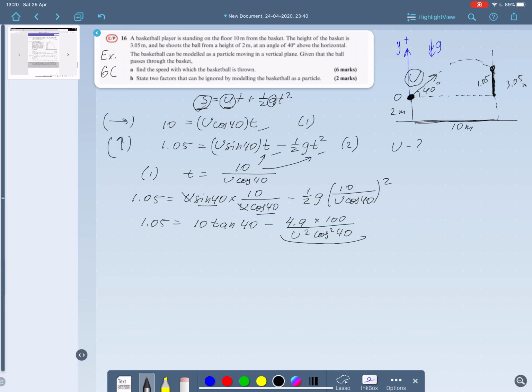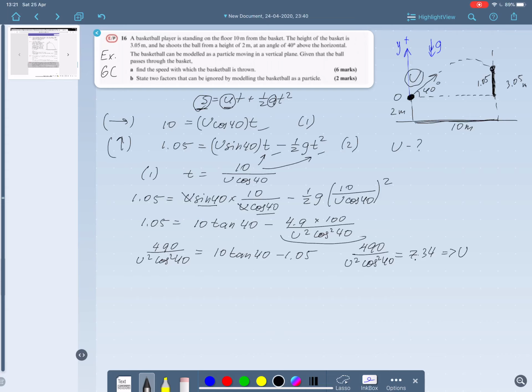Let's take this term over on the left hand side to make it positive. So it's 490 over u squared cos squared 40 equals tan 40 minus 1.05, which gives us 490 over u squared cos squared 40 equals 7.34.